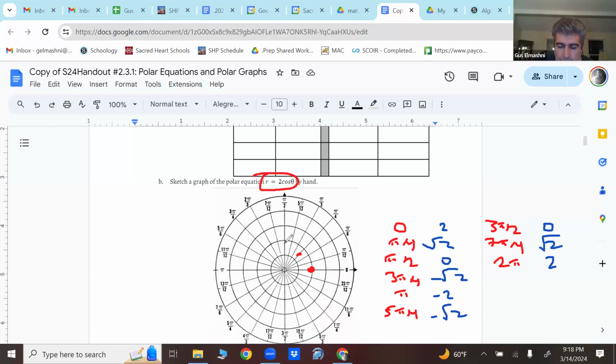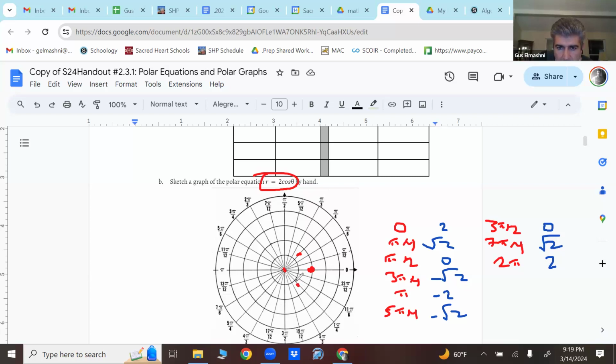Pi over 2, but the radius is 0, so it's the pole. 3 pi over 4 and negative root 2: when r is negative, it jumps over to the other side, so it's right here.